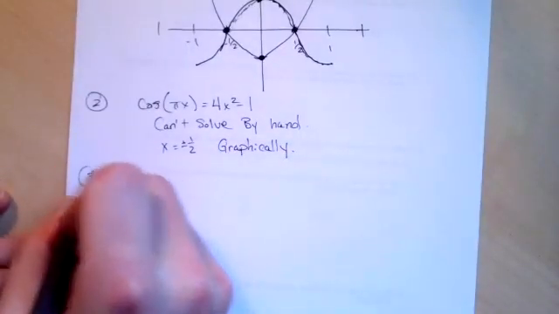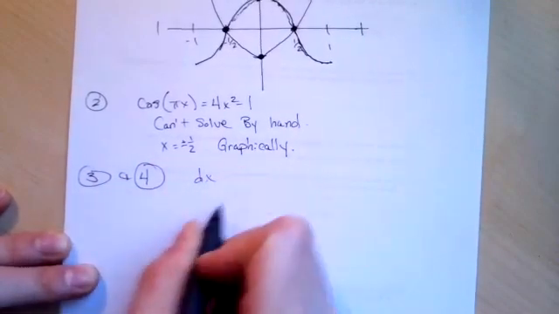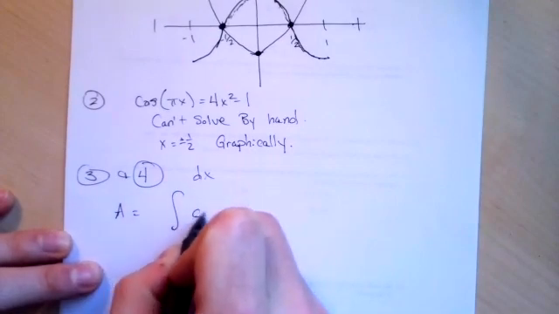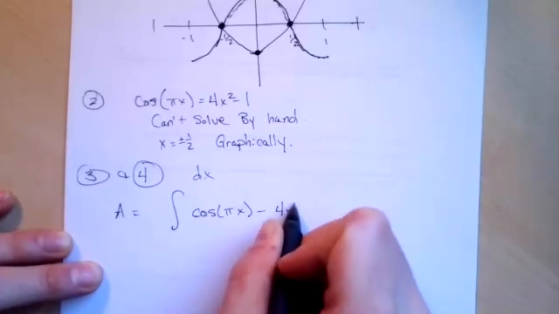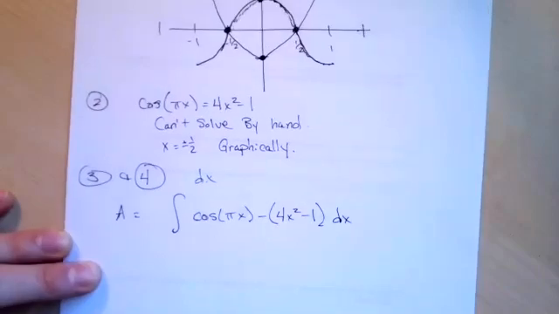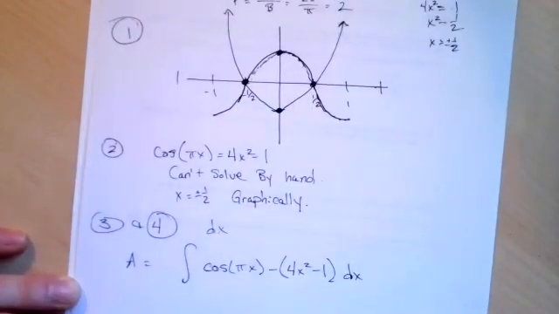So our 3 and 4. We want to do dx, and so our area is top minus bottom. So our cosine of pi x minus 4x squared minus 1 dx. And then our bounds are from the intersection points we saw.